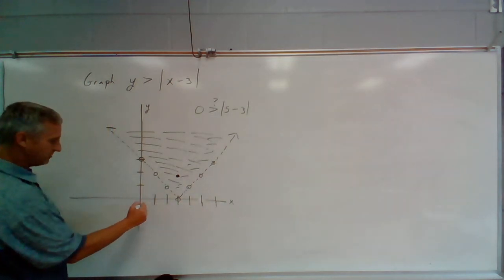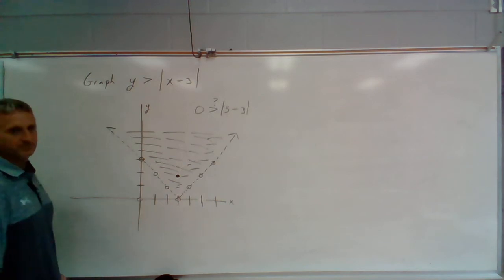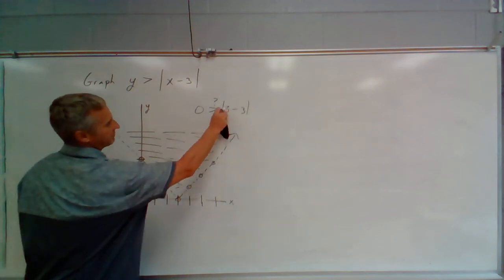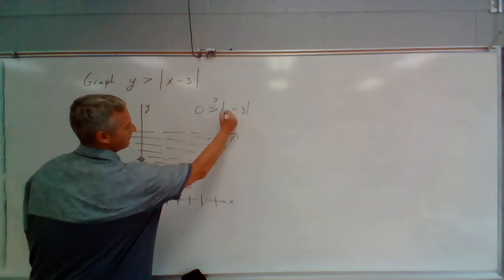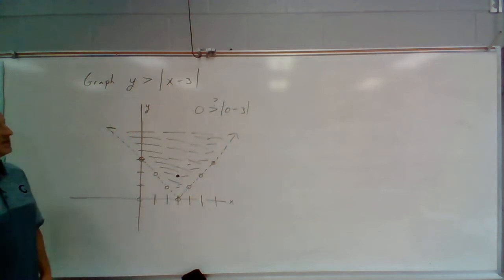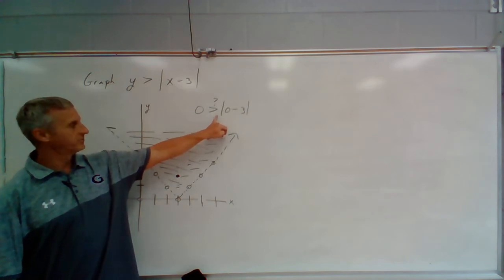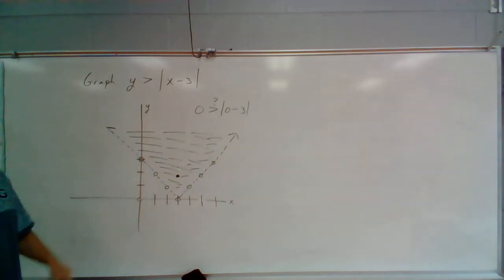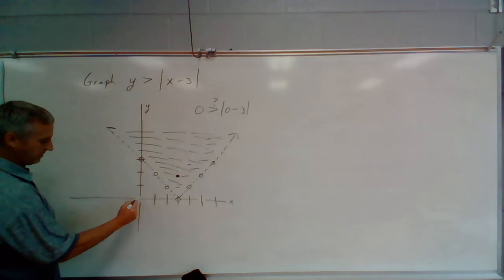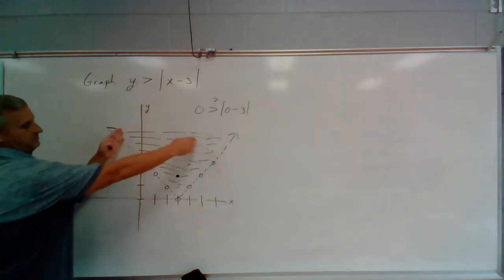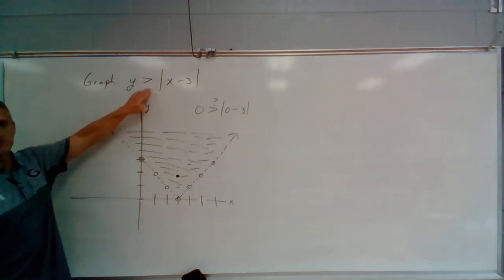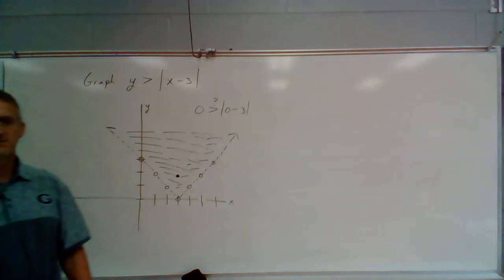And let's check just one more. Let's do 0, 0. So if I plug in 0, 0, 0 minus 3 is negative 3. Absolute value of negative 3 is 3. 0 is not bigger than 3. So that is not a solution. So we've graphed all the points that are solutions to this inequality.